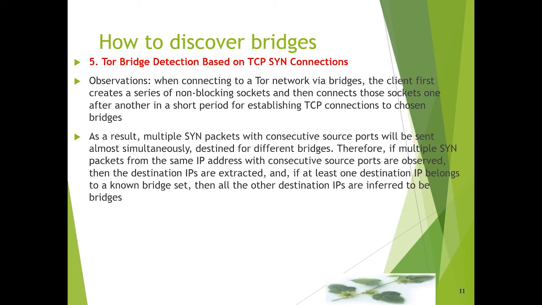And if at least one destination IP belongs to a known bridge set, then all the other destination IPs are inferred to be bridges. This is called the opportunistic bridge detection method and requires a large known bridge set.